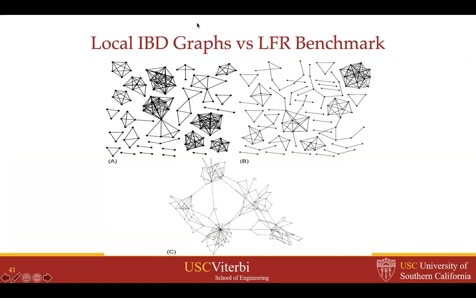In panel A, you can see a local IBD graph in a real setting. On panel B, you can see the results of our benchmark. And in panel C, you see LFR, which is the most common benchmarking algorithm for graphs and clustering.